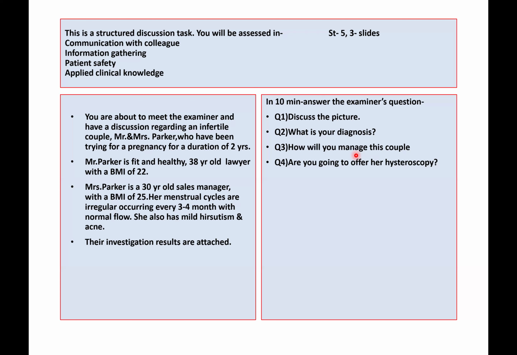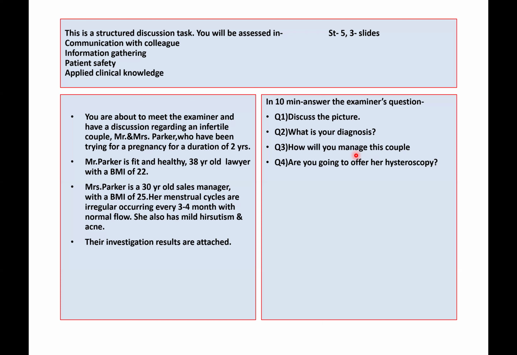Regarding her partner's history, I can see that he is fit and healthy. I'd like to ask about her sexual history after signposting, whether there is any problem with sexual intercourse, and I'll rule out any sexually transmitted infection. After that, I'll ask about allergies and any medicines they have been taking.